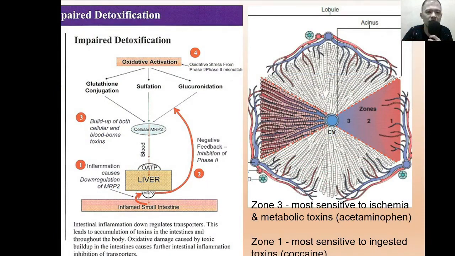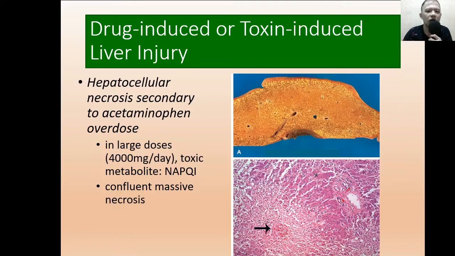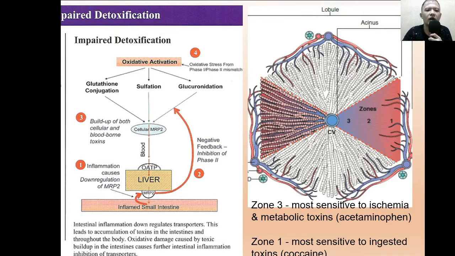What is impaired when there is an injury secondary to a toxin or a drug, toxin-induced liver injury, is the detoxification process of the liver. You have impaired conjugation, sulfation, and glucuronidation.